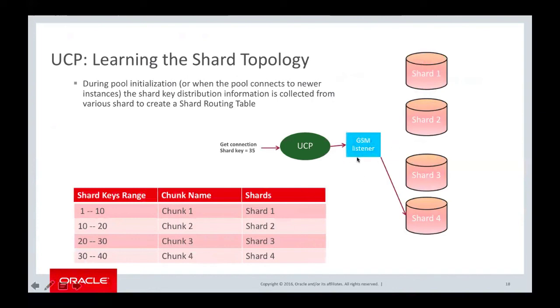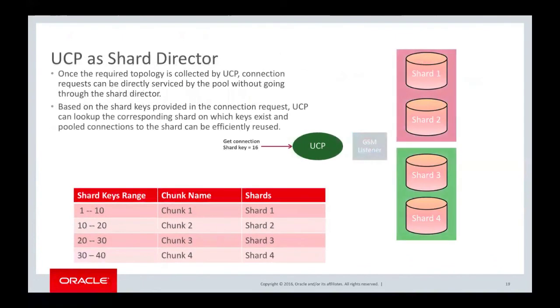Which means in the next request, UCP will tell directly where to go without going to the shard director. That's why we say UCP acts as a shard director. The benefit is, first, you don't pay the performance price, and second, high availability.